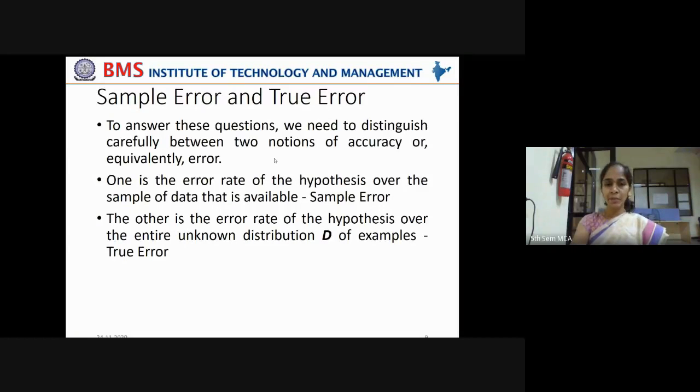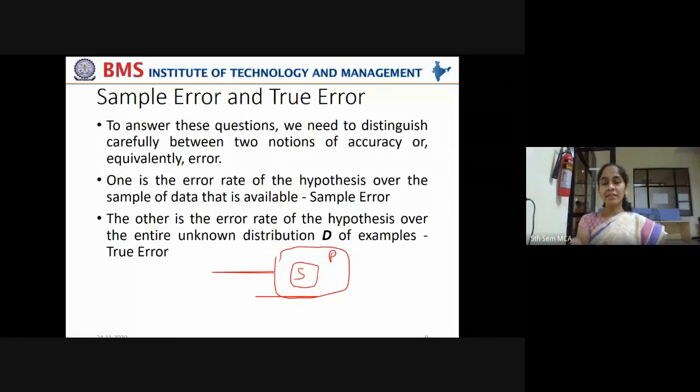Now, as I explained before, if you take a population P, now from that you draw a sample S. You take some part of this population, say 30% of the population, as the sample.